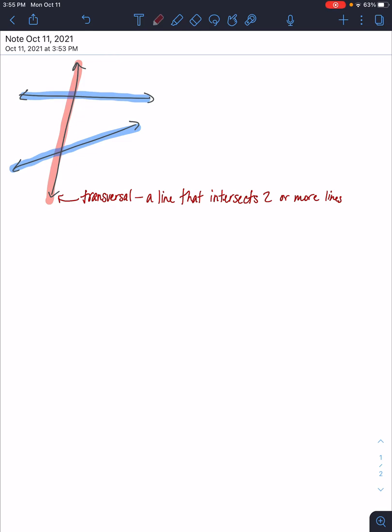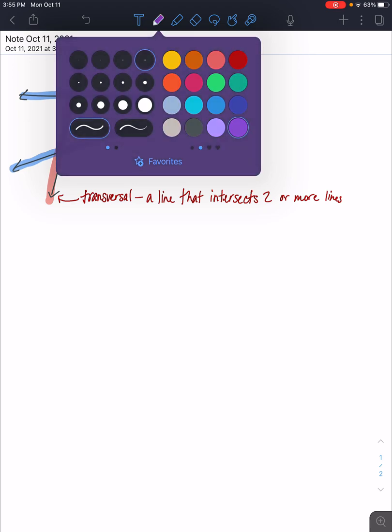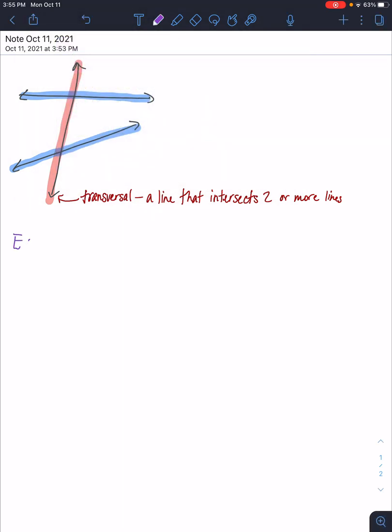So then the vocabulary that we learned that goes along with this, first we learned about the idea of being exterior versus interior. So exterior would be a pair of angles that are both outside the blue lines.